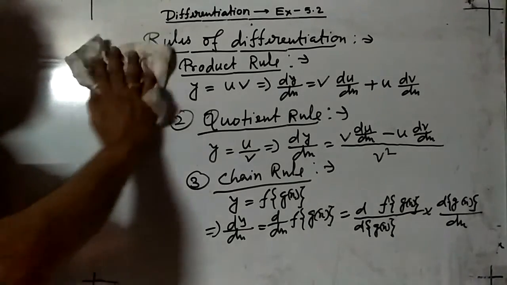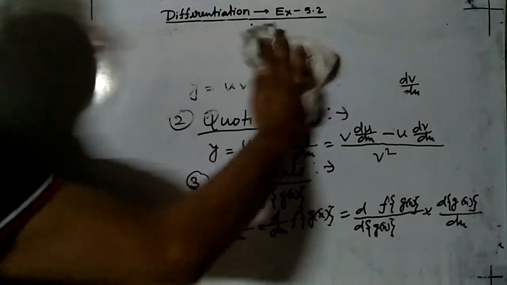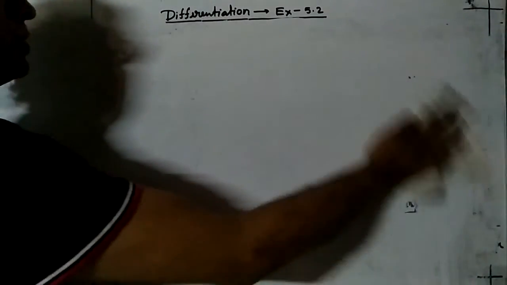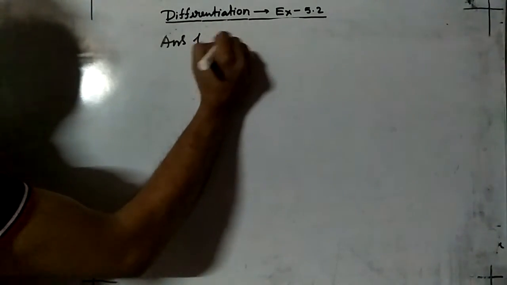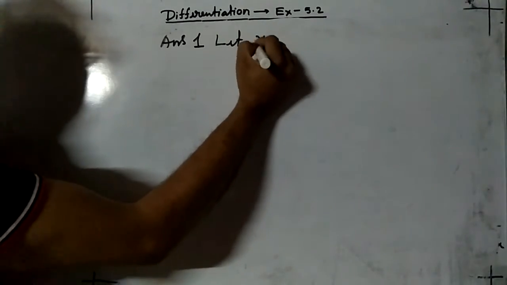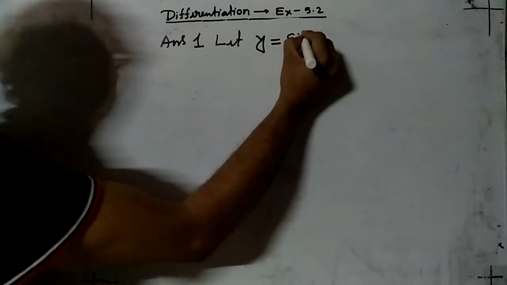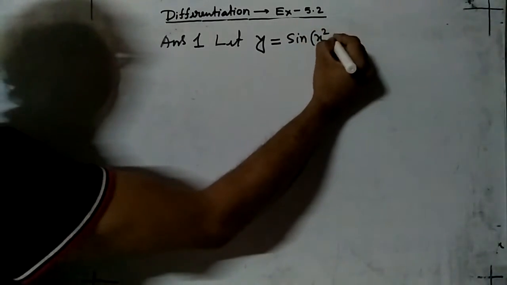So I'll rub this portion. Okay, so first question of exercise 5.2. Answer 1. Here one function is given, we have to differentiate, that is sine of x square plus 5. So here you have to write, let y equal sine of x square plus 5.